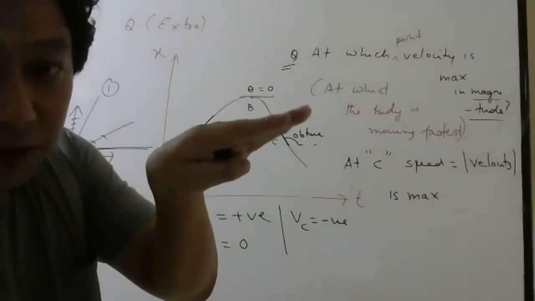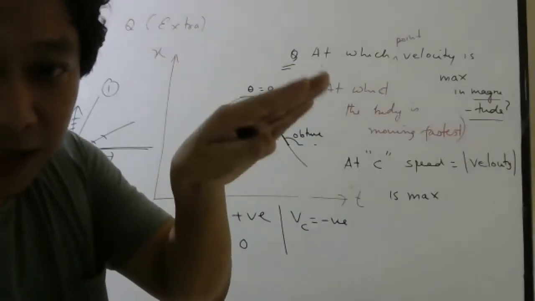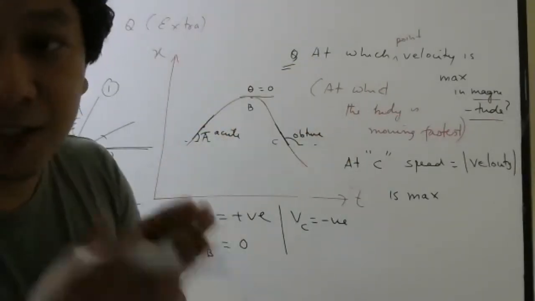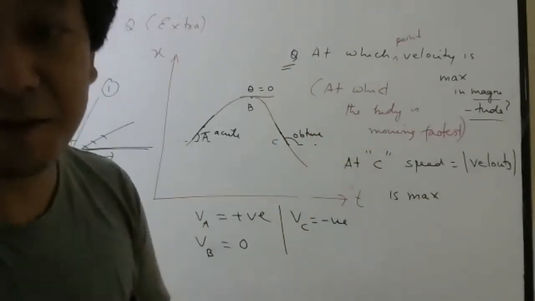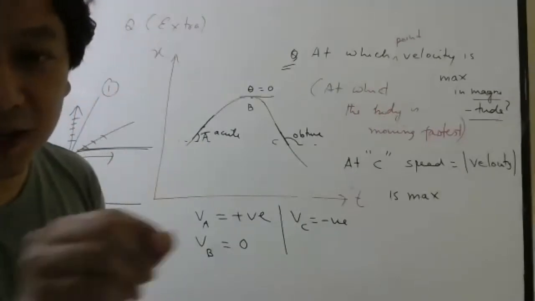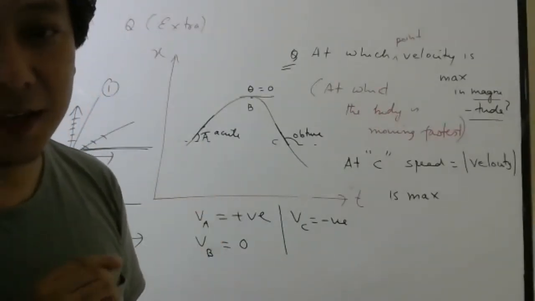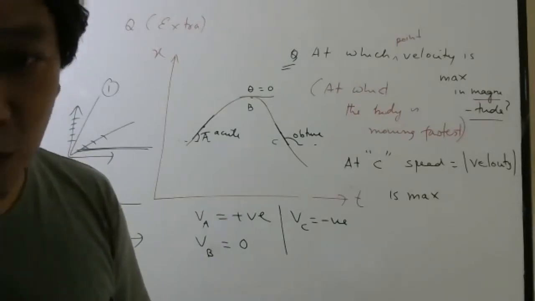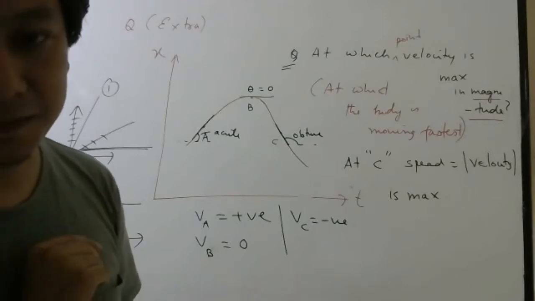So if the tangent is more horizontal, it is moving slowly. If the tangent is more vertical, it is moving faster. Why don't you make a note of that? If tangent is more horizontal, it means the car is moving slowly.